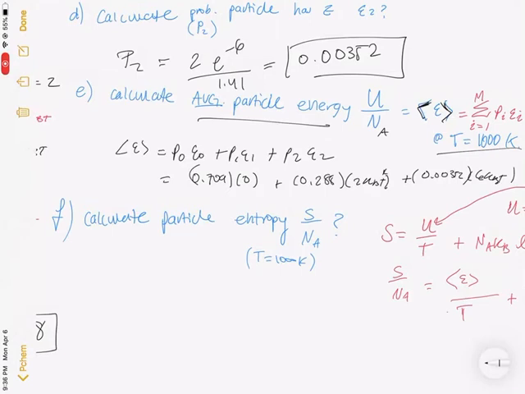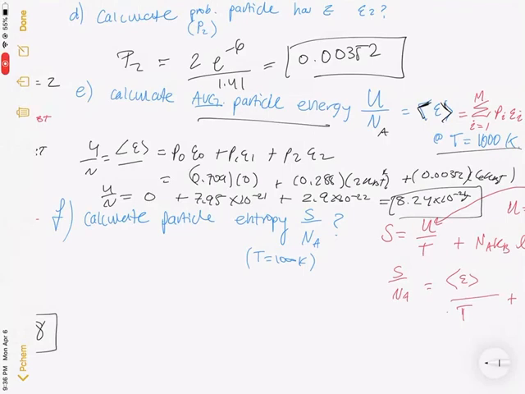What you should end up with is 0 plus 7.95 times 10 to the negative 21 plus 2.9 times 10 to the negative 22, all in joules. You should end up with an energy of 8.24 times 10 to the negative 21 joules. Recall, we are calculating U over N, which is the same thing as the sum of the average of the energy levels.